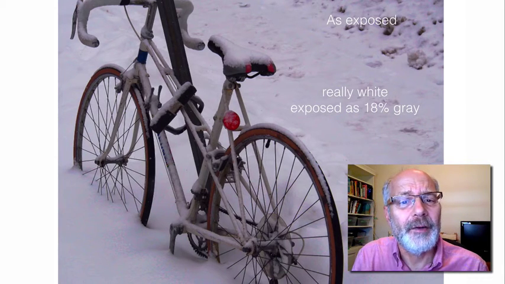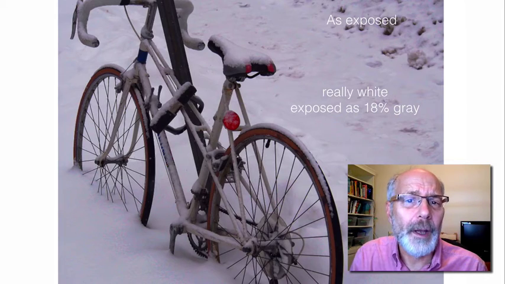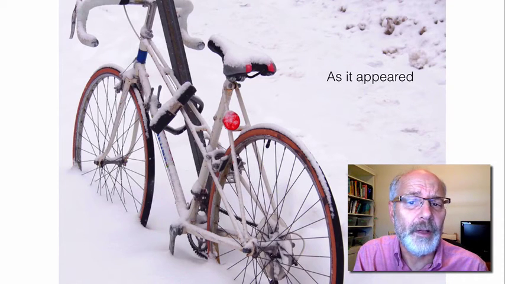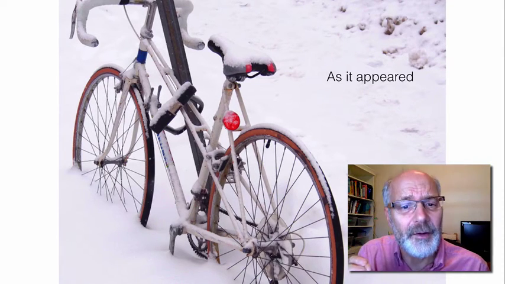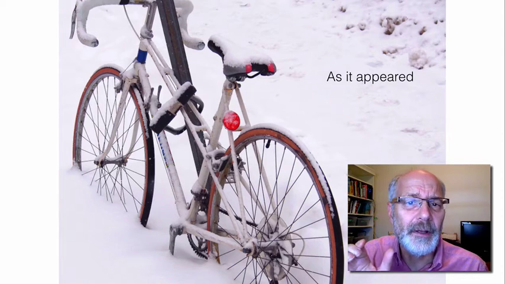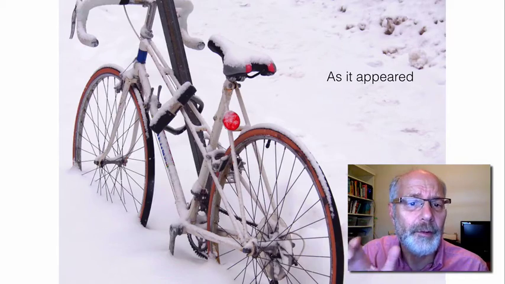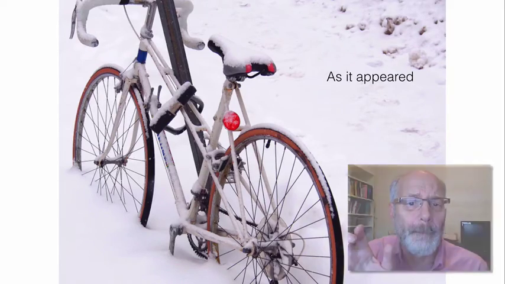And the reality is it's because your camera is seeing white and trying to render 18% gray. And in fact, this is really what the snow should look like. It's as it appeared. And again, you can adjust the exposure and get it right by using exposure control on your phone as opposed to focus control.